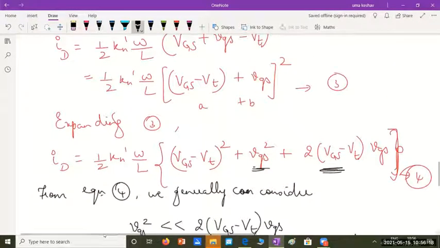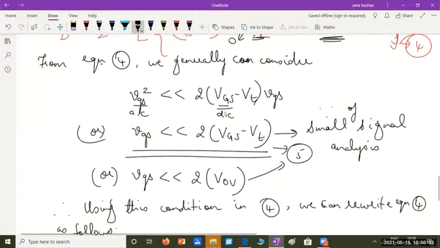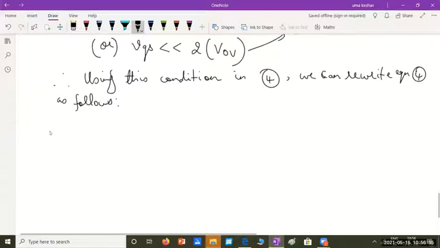I know that VGS is much less than this, so VGS square will also be less than this. I can neglect this term to 0. I'll remove the second term. So I'll consider what?